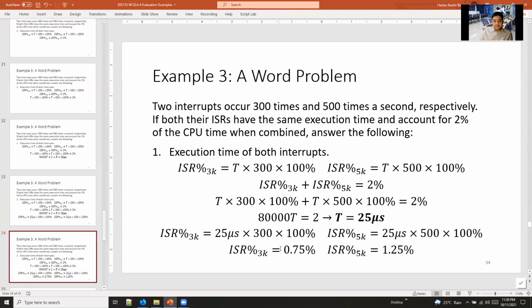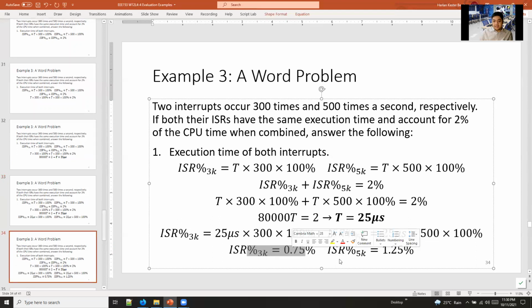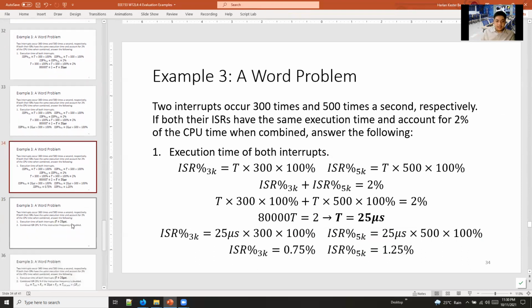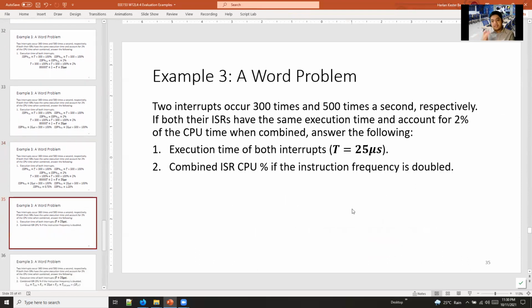Ang result dyan is 0.75 yung sa 300, 1.25 yung sa 500. And pag inadd mo si 0.75 at saka si 1.25, makukuha natin yung 2% natin dito. So, ayan. Confirmation lang na execution time nila is 25 microseconds.